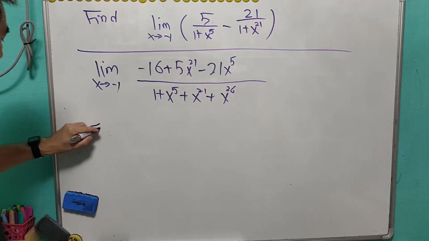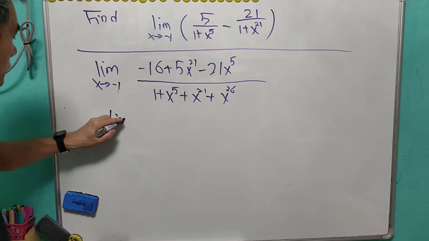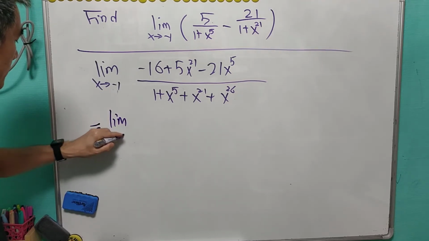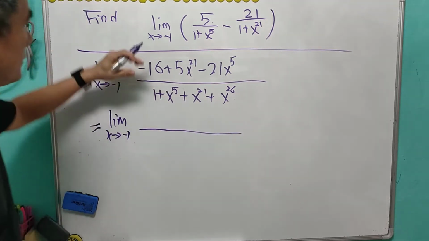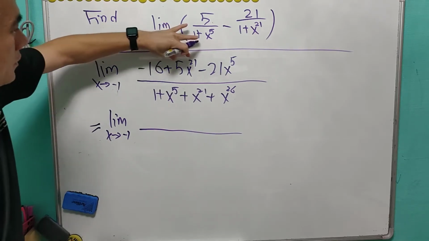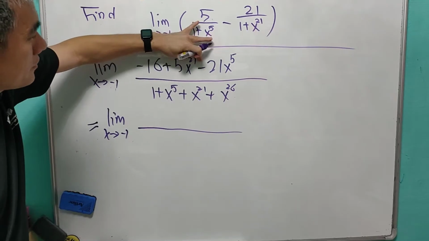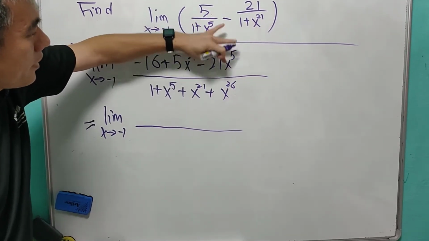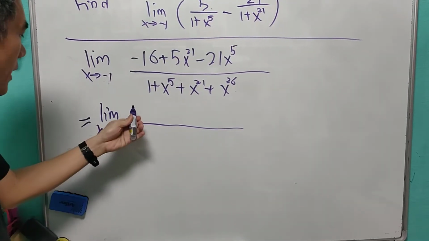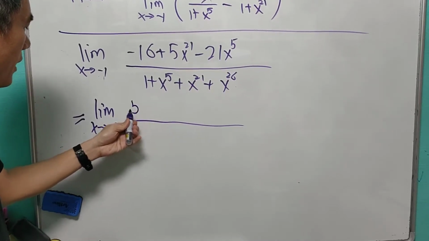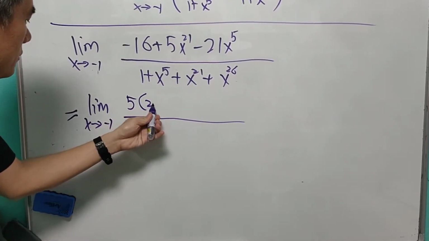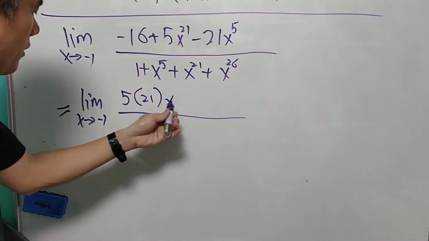So by using L'Hopital's rule, this will give us 0 in the numerator, and this is 5 times 21x^20, and this is 21 times 5x^4. So we will have the common term 5 times 21 and x to the power of 4.